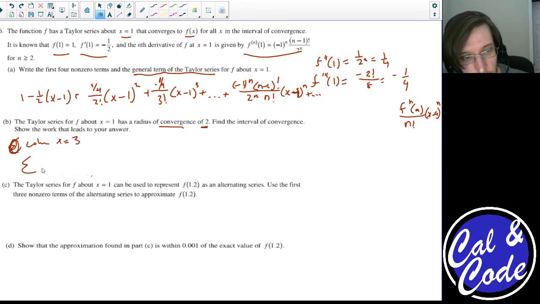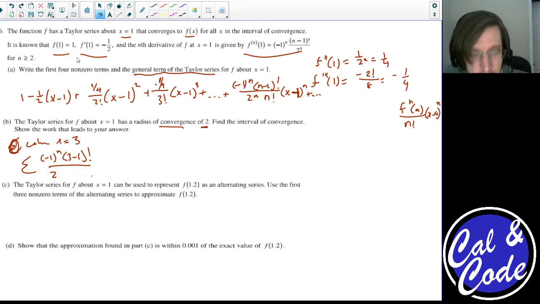So when x is equal to 3, I'll have the series, and I take the general term, and I'm going to put 3 in for x. Negative 1 to the n, right? n minus 1 factorial, 2 to the n, n factorial, and then I have 3 minus 1 to the n, or 2 to the n.